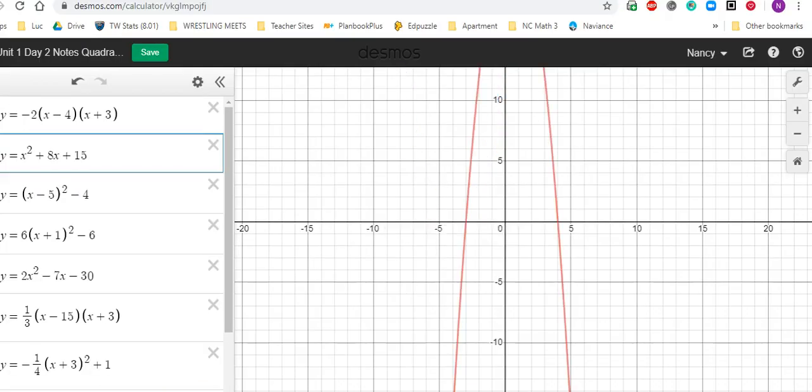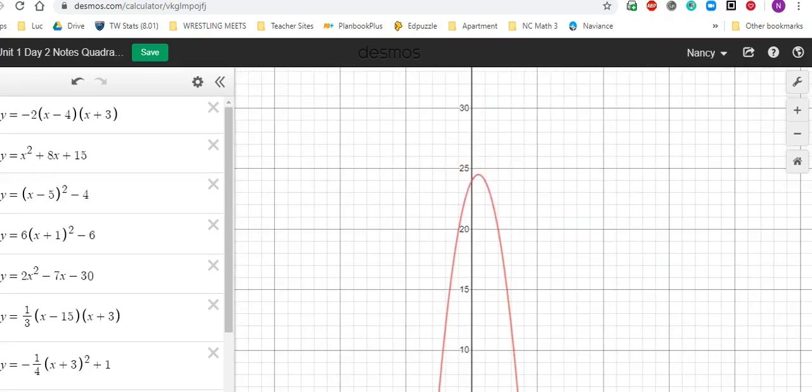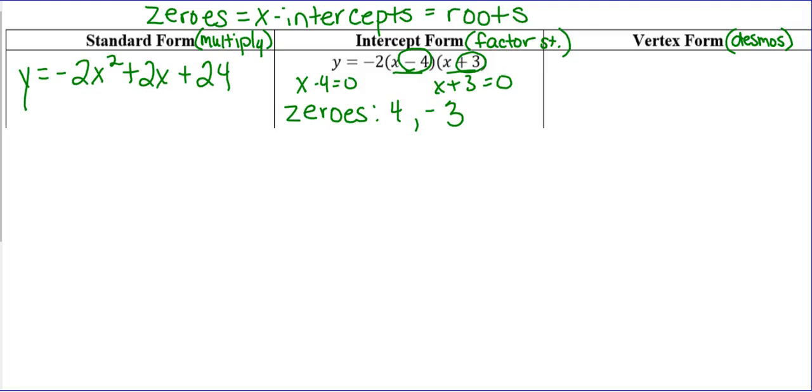That was the first one. We have it in factored form. But what we can do is we can look for the vertex. The vertex here is 0.5 and 24.5. Okay, so then what we would do is take that 0.5 and 24.5.